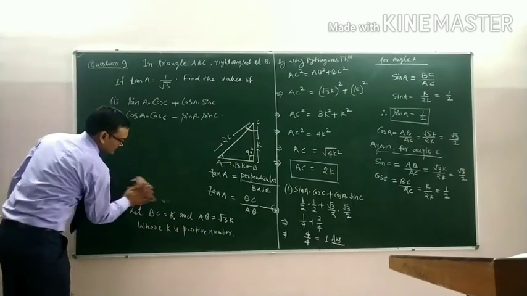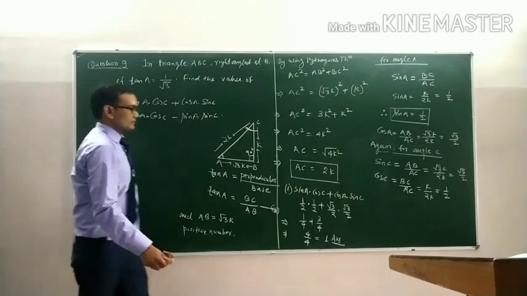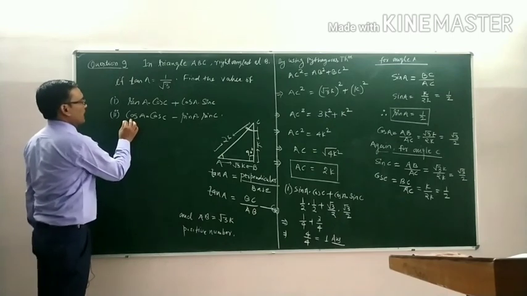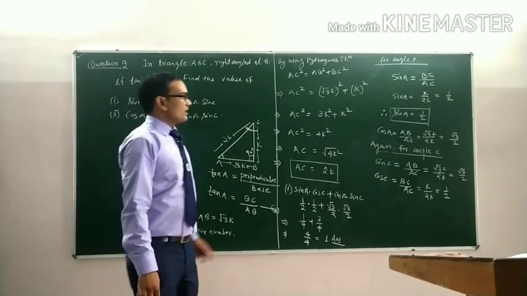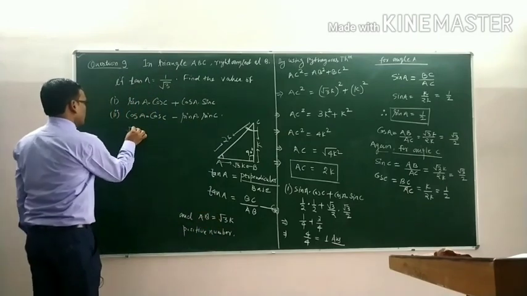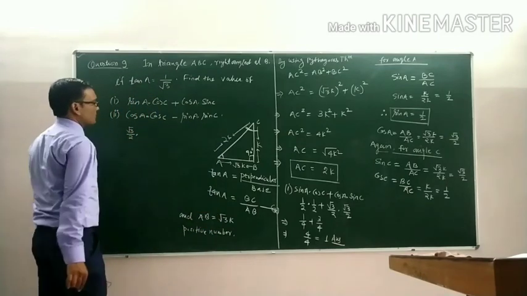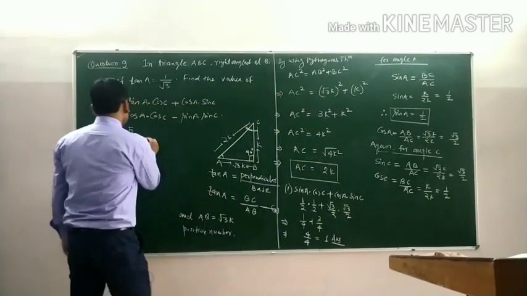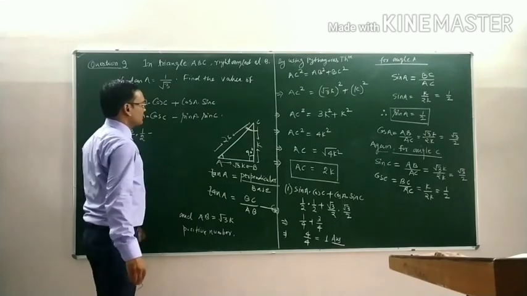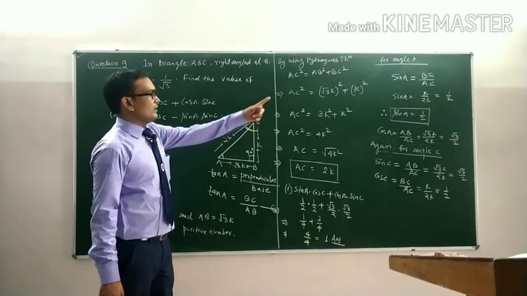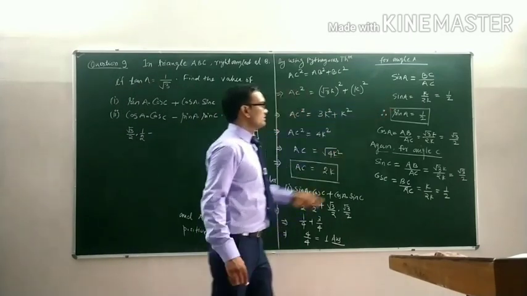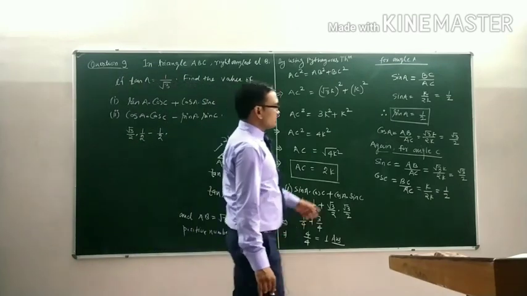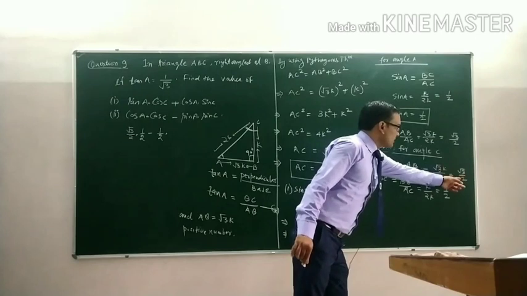The value of the second part: we put the value of cos A. The value of cos A is square root 3 by 2 into cos C. The value of cos C is 1 by 2, minus sin A. The value of sin A is 1 by 2, and the value of sin C is square root 3 by 2.